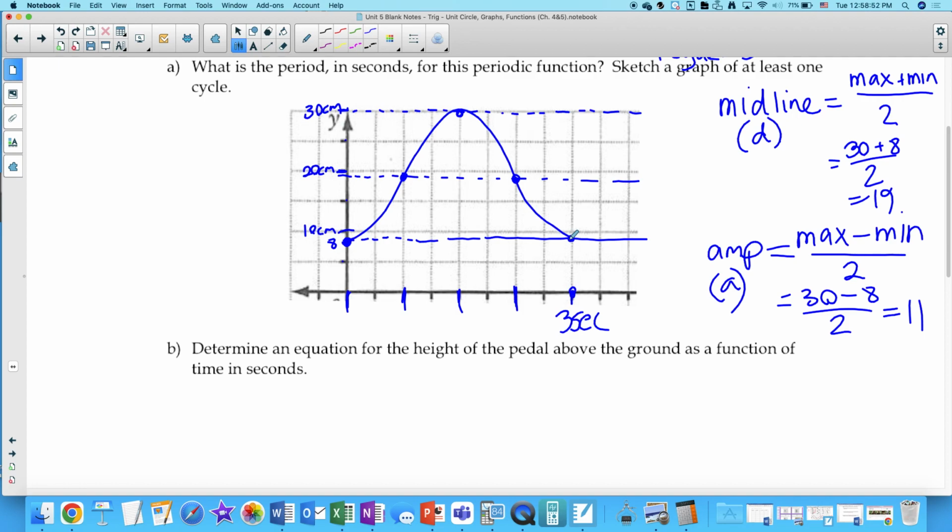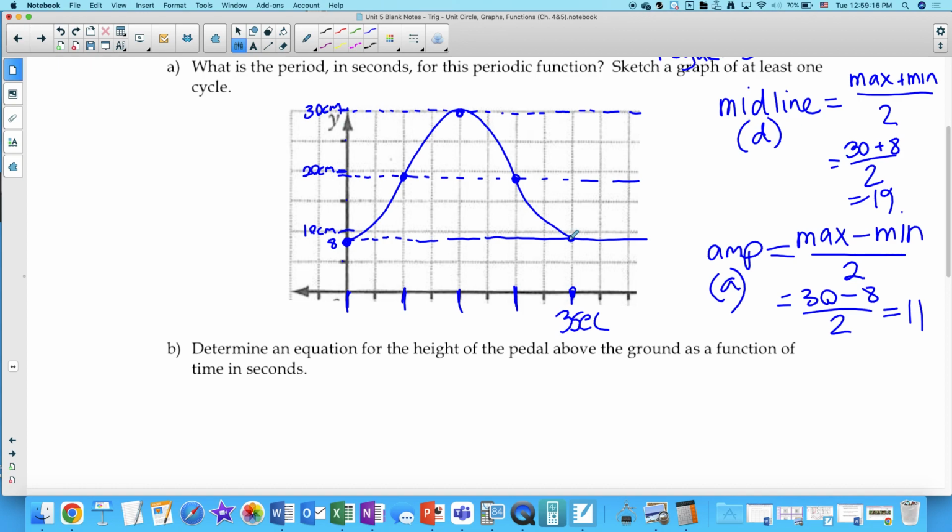Okay? All right. Now here's where we get to the good part, the equation. We have already done a lot of the legwork for the equation because we know the amplitude, the midline, and the b value. The reason why I like to graph it first is because we have to make a couple of decisions here.